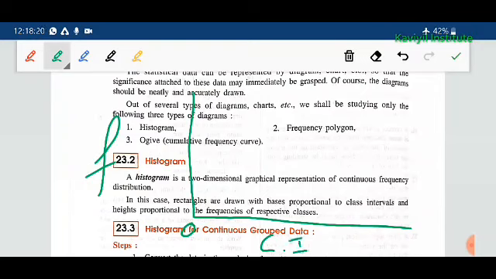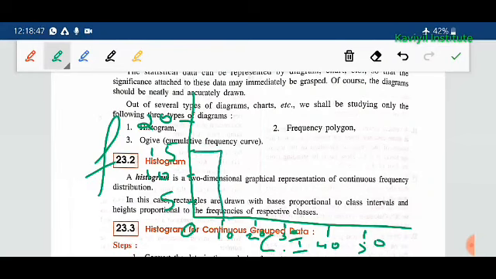So 0 to 10, let it be a class. Then 20, again 30, again 40, again 50. And frequency will be 5, 10, 15, 20. The speciality is that for the first class, 0 to 10, let the frequency be 15, so we will be drawing in this manner.